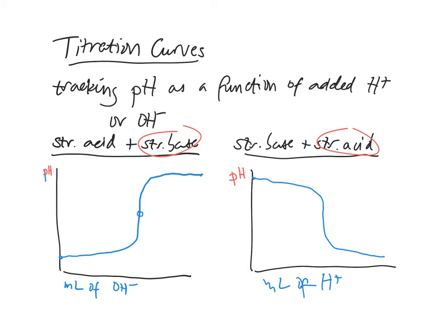So if I've added equal amounts of acid and base, then I get what's called the equivalence point, which we've mentioned briefly in the previous video. And the equivalence point is when I've added equal moles of OH minus and H plus. And rather interestingly for these, that means the pH is 7.